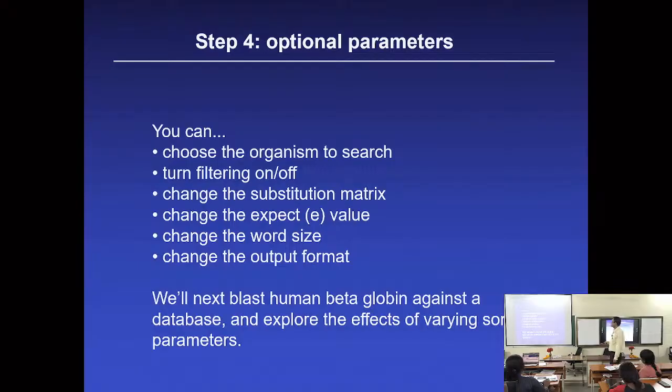We discussed this. These parameters are optional and come with default settings, but you have the option to change them. Unless you are an expert in this field, you would want to use the defaults. But if you want to get more into this, you would want to learn about these parameters and how changing them can help you get better results.